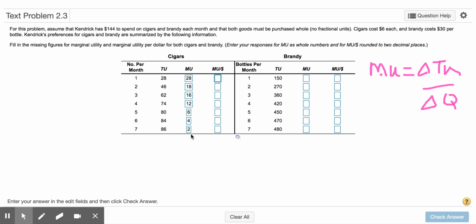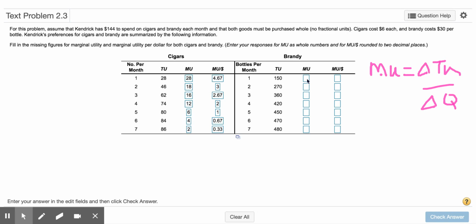Marginal utility per dollar: you have 4.67, 3, 2.67, 2, 1, 0.67, 0.33. Do the same calculation here.